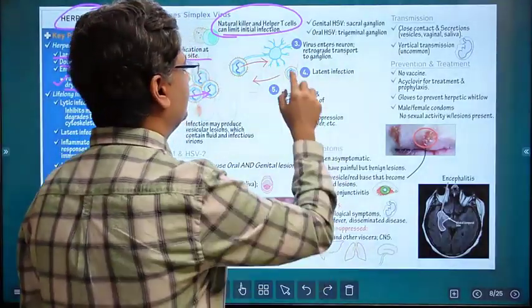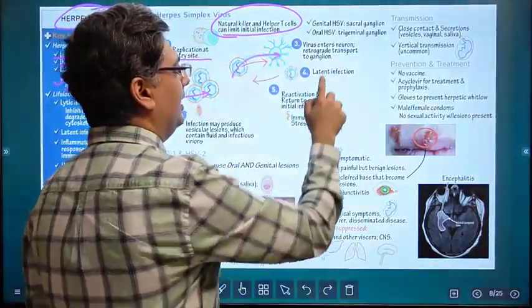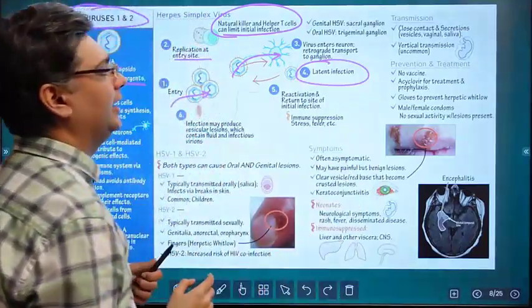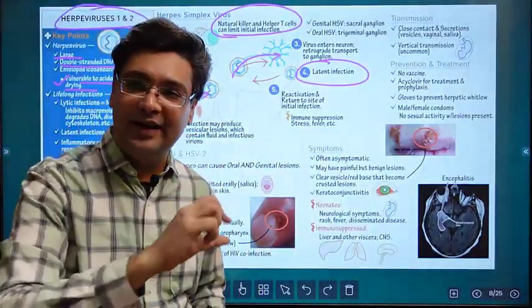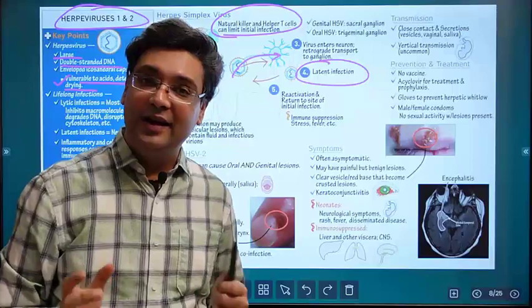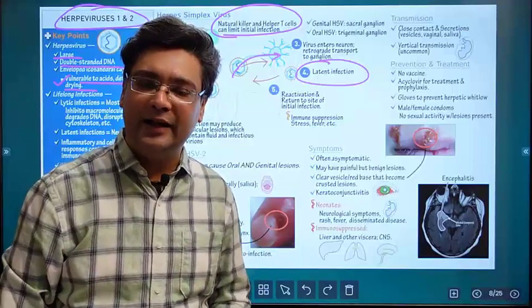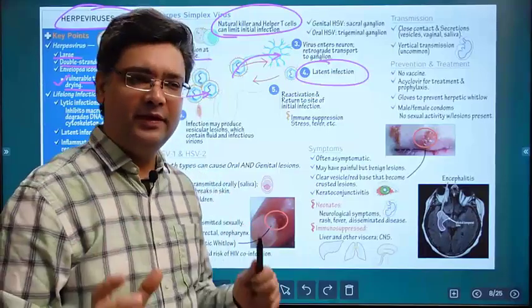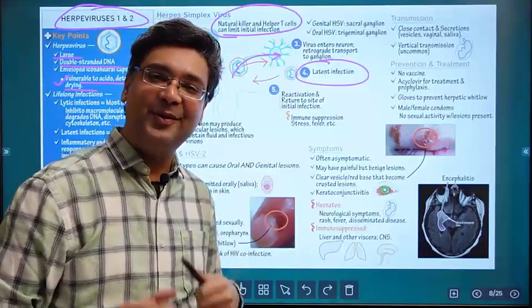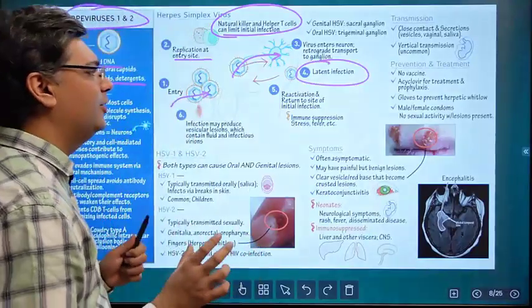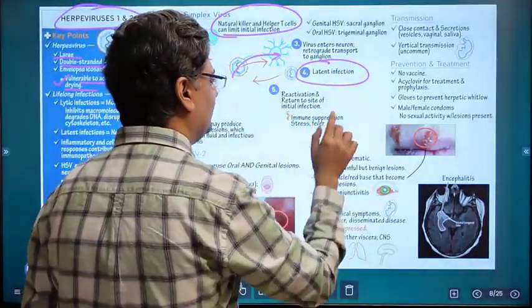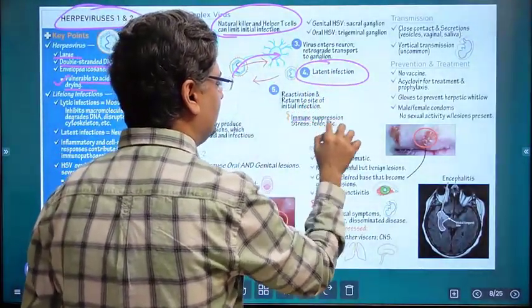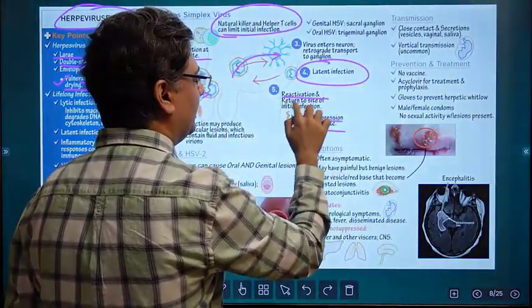Then the virus travels down the nerve, by retrograde travel into the neuron, and remains latent for a while. It has made the neuron or the ganglia its home and is living there nicely. We'll see the reactivation when I talk about varicella in detail. So hold it here. We have this latent infection, and then when there is some immune suppression or stress, there is reactivation of the virus.